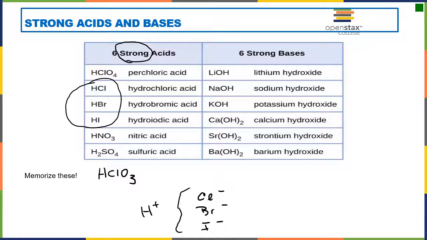So first of all, these are our strong acids. The other set of strong acids are going to be our perchloric, chloric, nitric, and sulfuric. And please note, as the number of oxygens goes up, the acid strength goes up.